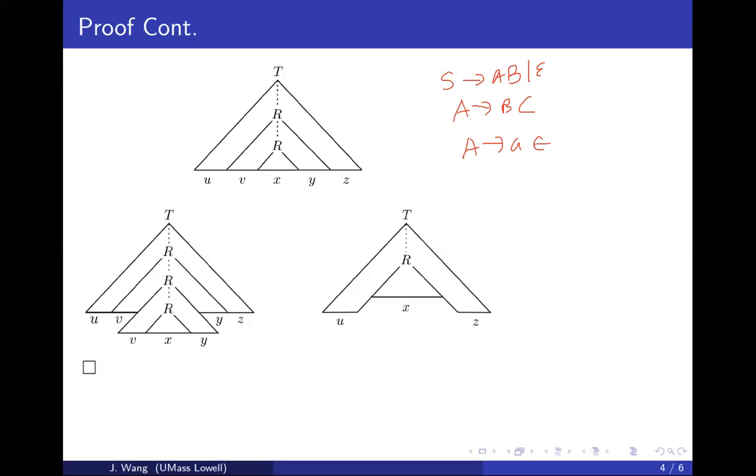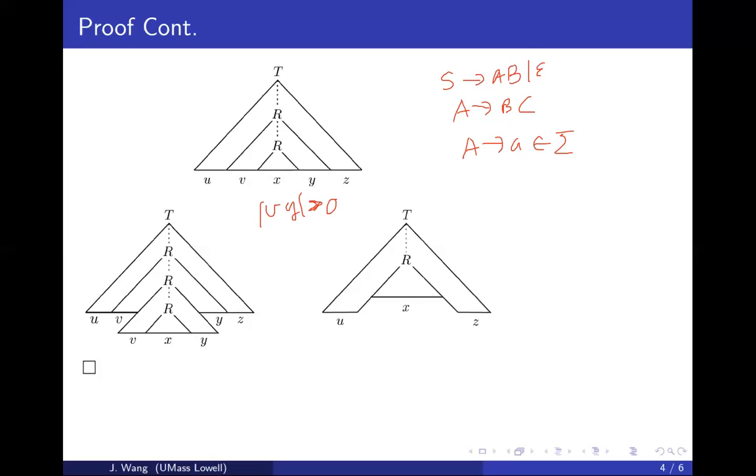So this has to be an alphabet symbol. This means that from this R to this R, you have to generate something. So this vy, you have to generate something. It's not empty, so it's greater than 0.